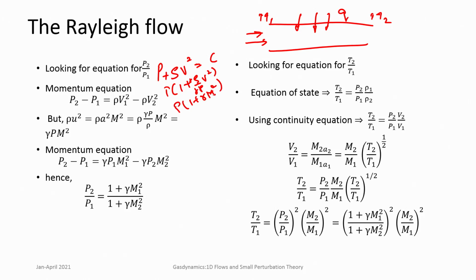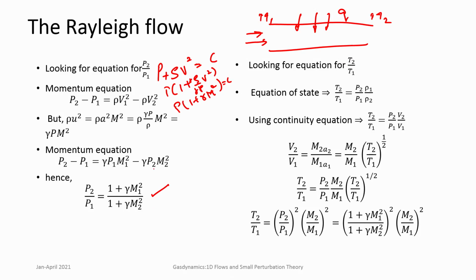So, P multiplied by 1 plus gamma M square is a constant. From this you can easily get P2 by P1. P2 by P1 is 1 plus gamma M1 square by 1 plus gamma M2 square.